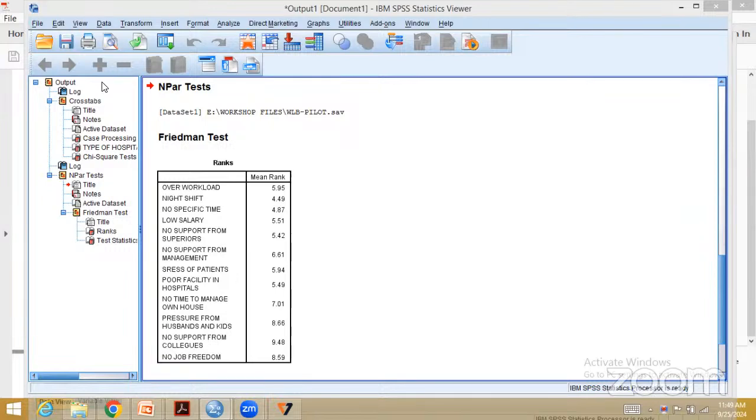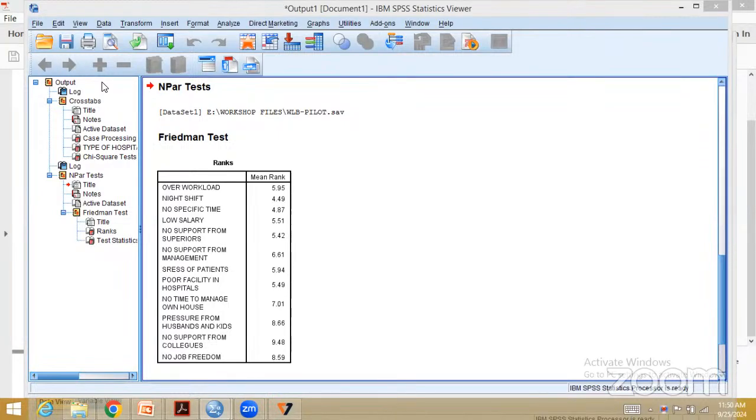Okay. Then there is a rule. If you give the first rank to a particular variable, definitely it should have the lowest mean. Therefore, here the lowest mean in the matrix is 4.49.